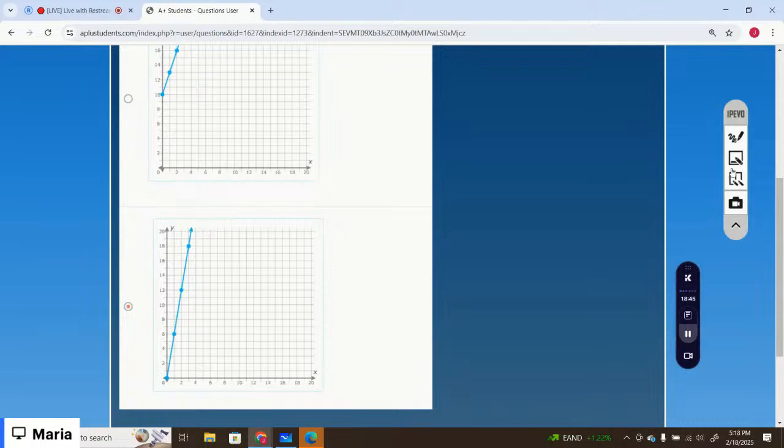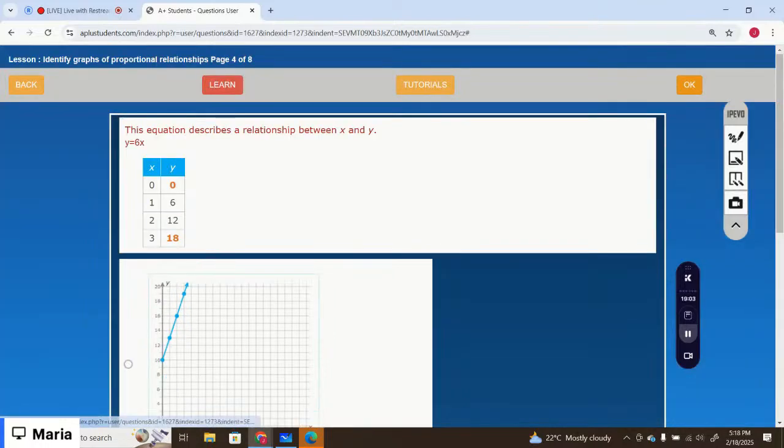That is the graph that matches with the table of values 0, 0, 1, 6, 2, 12, and 3, 18.